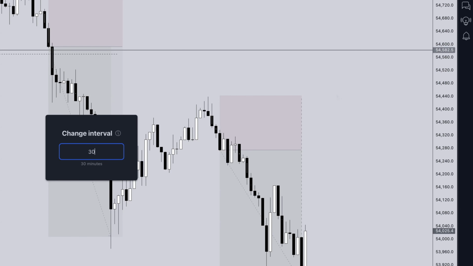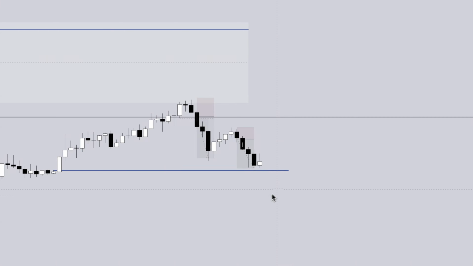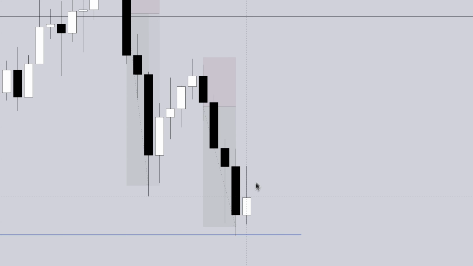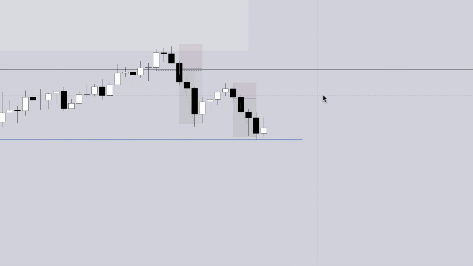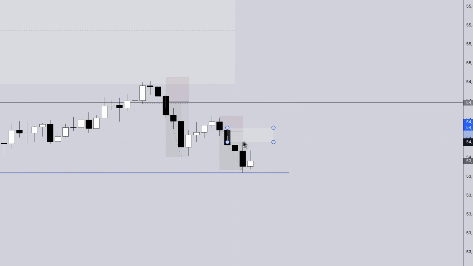Let's have a look at the 30. So we filled this level. That's where I want to look for trades.